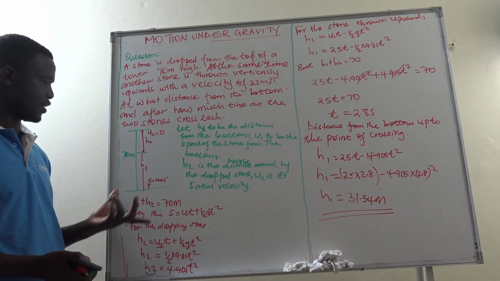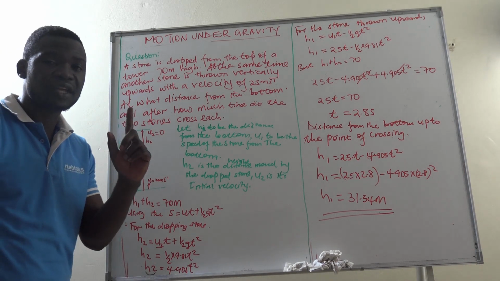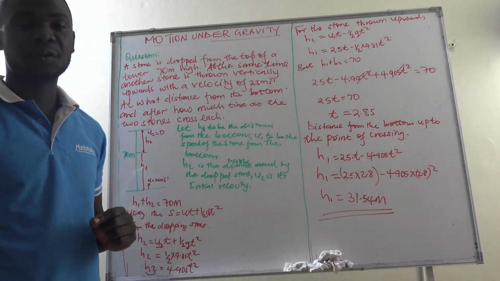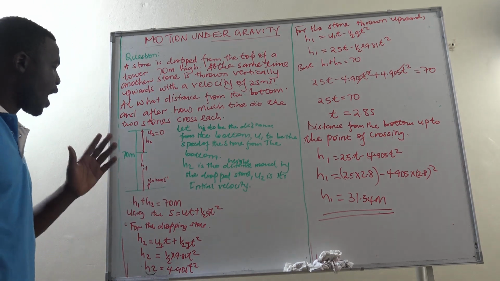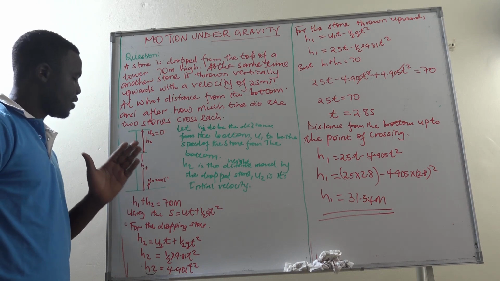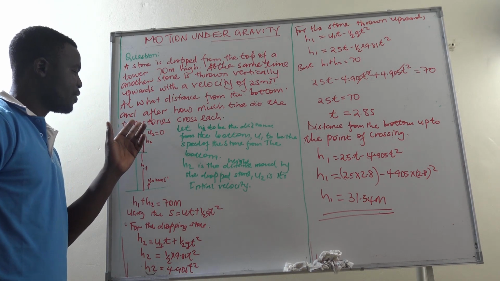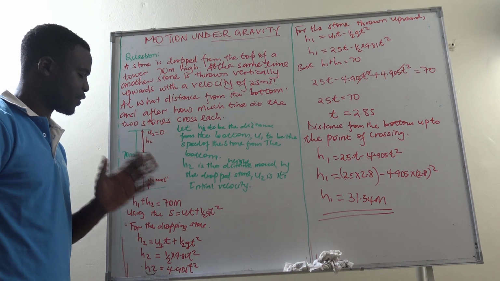I say that when we throw this stone at the same time the other one is dropped, it means that at the point of crossing, these stones have used the same time. However, they have covered different distances simply because the stone from up was undergoing free fall.